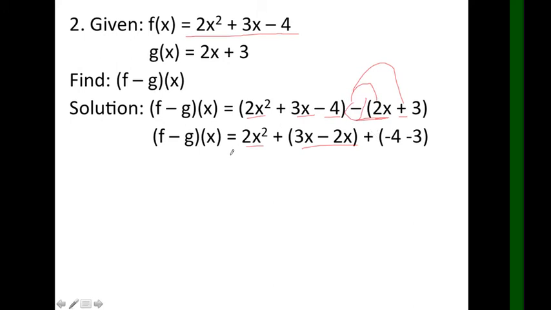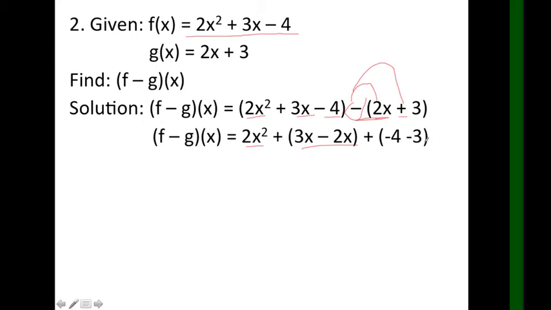Okay, so the next one is we will add or subtract the given depending on the operation needed. So 3x minus 2x is x or 1x, positive 1x because 3 is bigger than 2 and the sign of 3 is positive. For this one, negative 4 minus negative 3, they have the same sign, so we will add them.